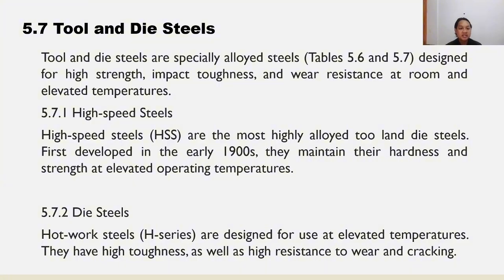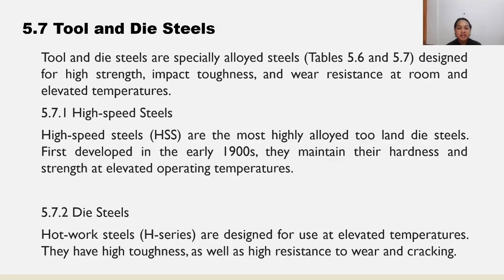Tool and die steels are specially alloyed steels in table 5.6 and 5.7, designed for high strength, impact toughness, and wear resistance at room and elevated temperatures. High-speed steels are the most highly alloyed tool and die steels, first developed in the early 20th century.